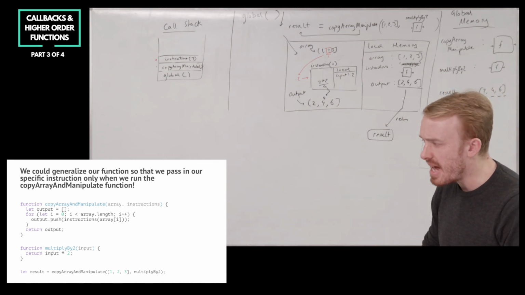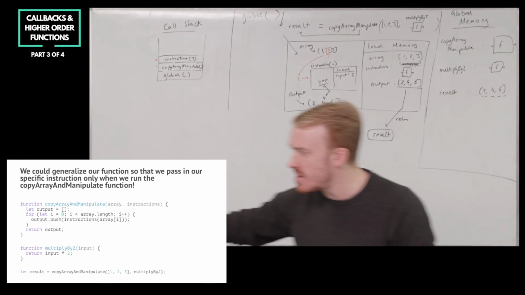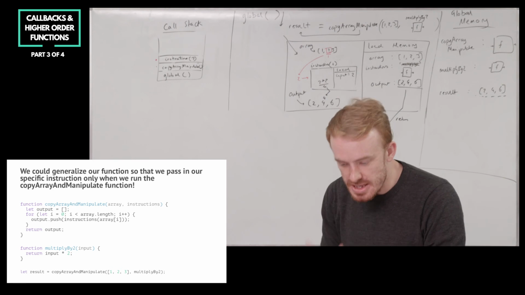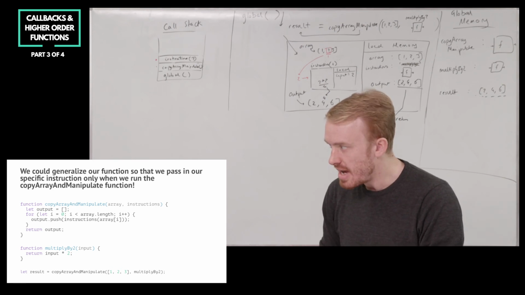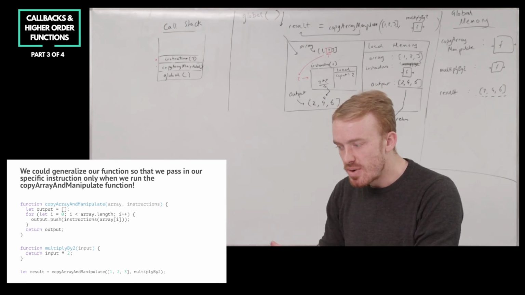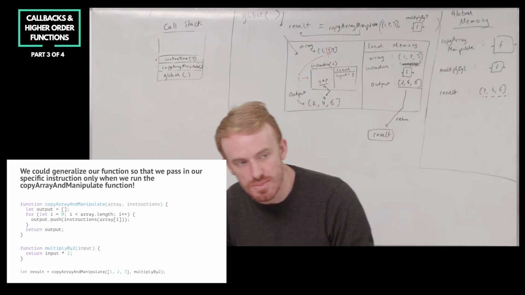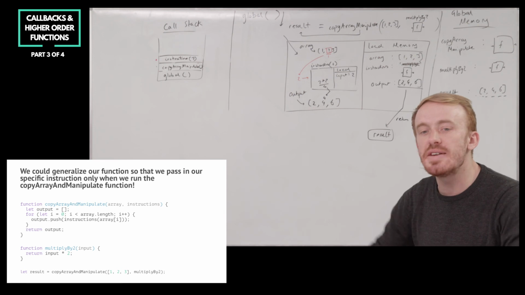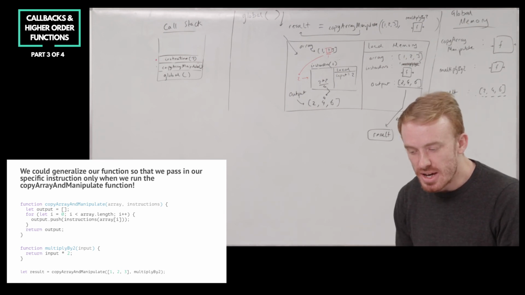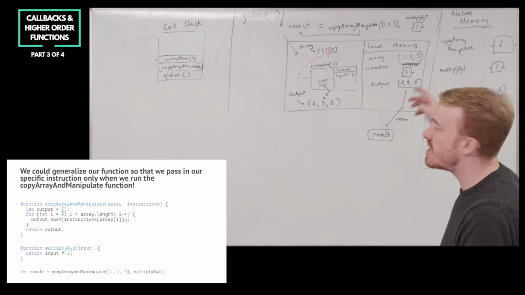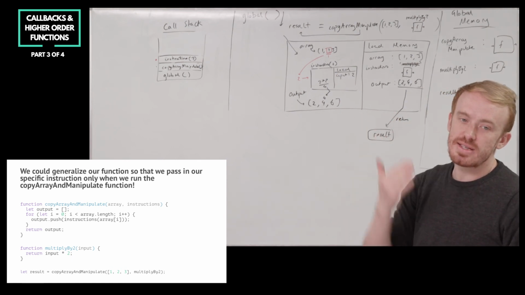And then we left blank what exactly we were going to do to each individual element. We left a placeholder for the specific instructions. When we passed in 1, 2, 3 and the specific instruction multiply by 2, copy array and manipulate dynamically became copy array and multiply by 2. So we took in 1, 2, 3 and returned out 2, 4, 6.